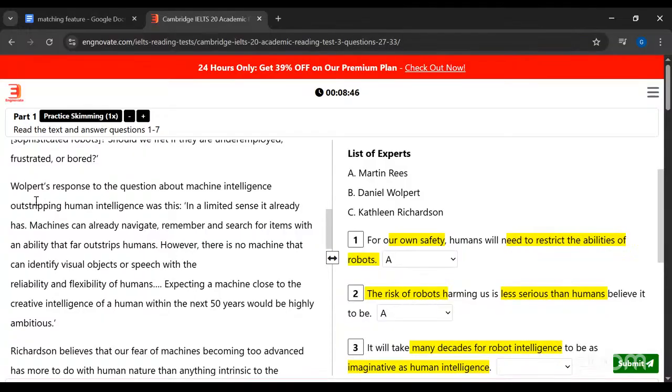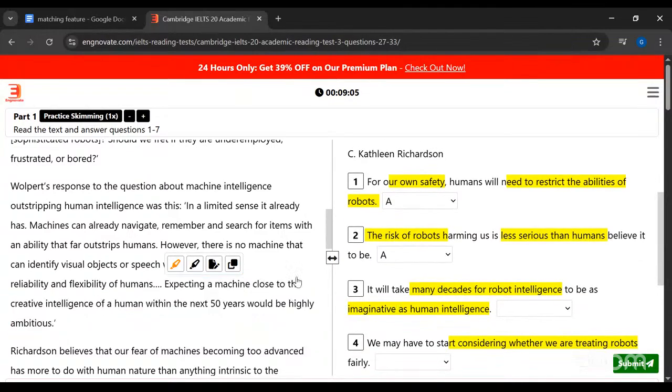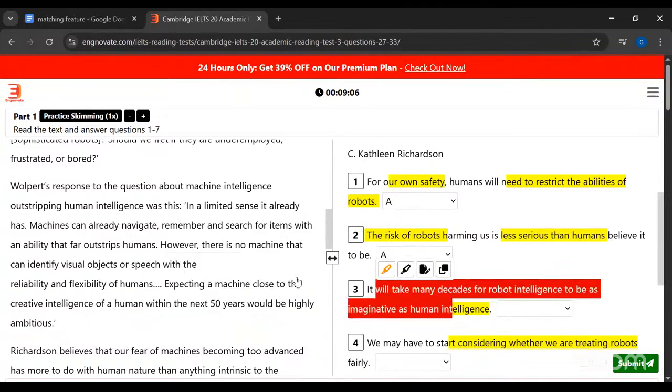Ma'am, in this the line with 50 years, we can see the answer to the third statement there. Yeah, you're referring to these ones. Yes, to this. Yeah, it could be this. Yeah, it would be this.